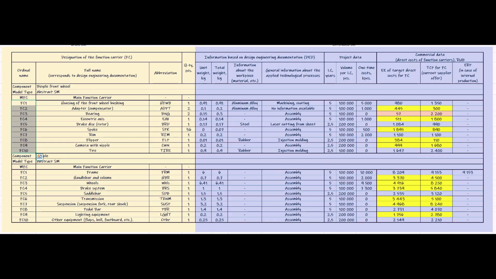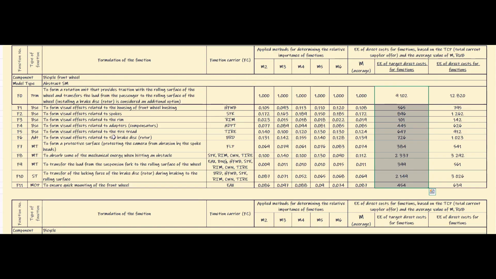For example, the carrier of the bushing housing, marked HFWB, is used to implement two functions, F1 to form visual effects related to the housing of the front wheel bushing, and F9 to transfer the load from the suspension fork to the rolling surface of the wheel, and F10 to transfer the locking force to the brake disc rotor during braking to the rolling surface.